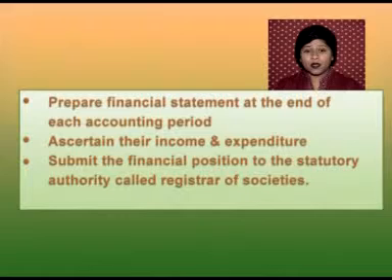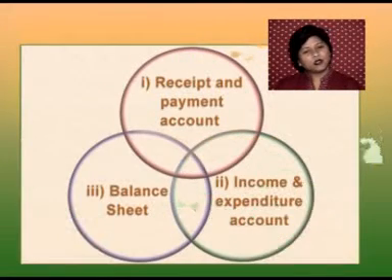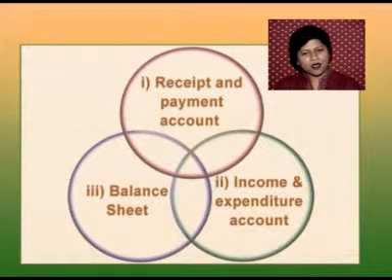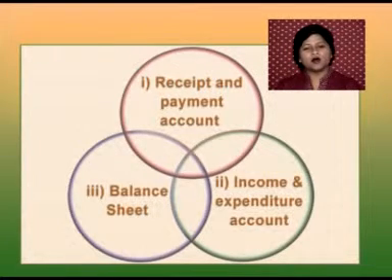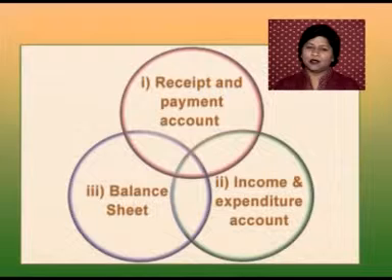Now, they are not preparing the profit and loss account. So, what do they need to prepare? They need to prepare the receipt and payment account, income and expenditure account, and balance sheet. And all these documents are submitted to the Registrar of Societies.